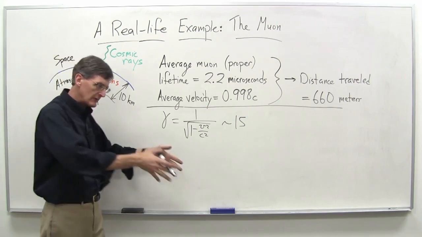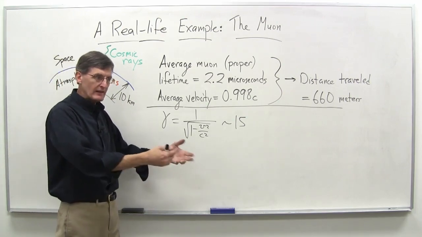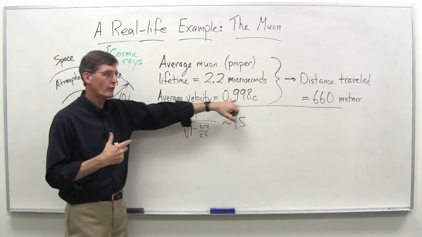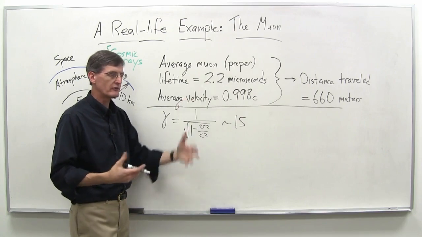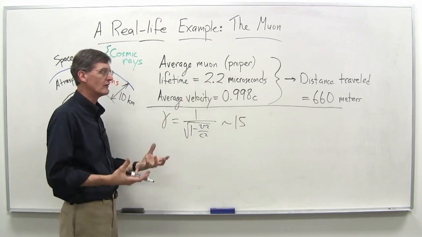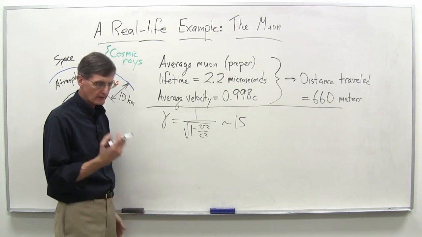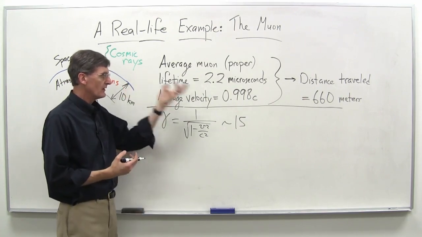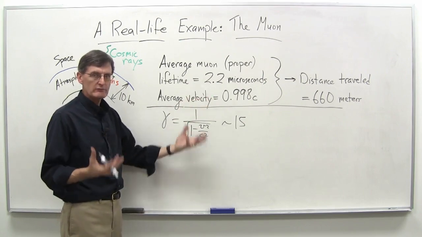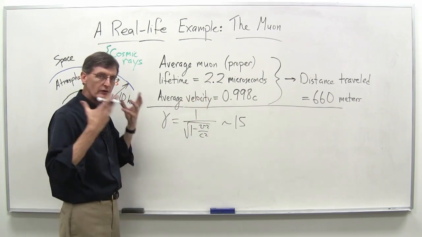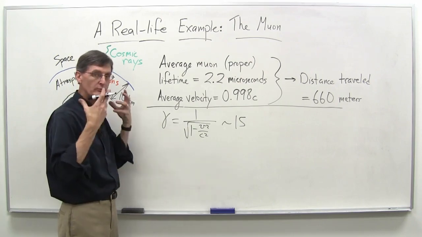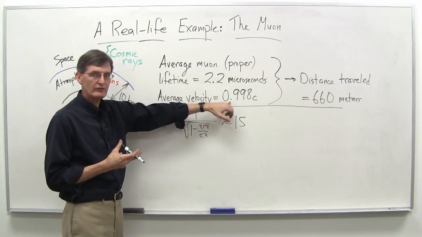Well, as it's coming down through the atmosphere, it's seeing the surface of the Earth rush up towards it at a speed of 0.998 c. Because remember, as far as the muon is concerned, it's just sitting there. If you could imagine yourself as an observer riding along with a muon, you'd just be sitting there looking at your little clock ticking away up to 2.2 microseconds. You're at rest in your frame of reference, but you're seeing the surface of the Earth rush up toward you at 0.998 c.